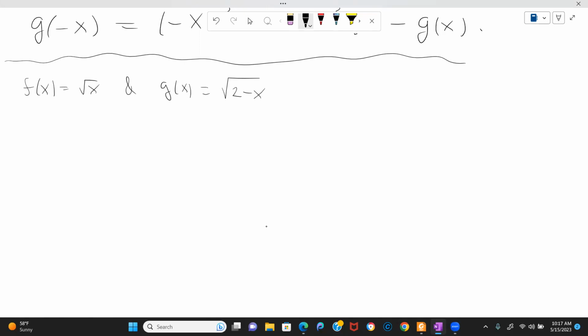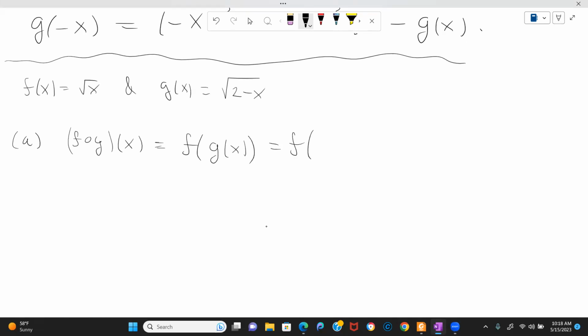All right, so now we want to compute f composed with g, g composed with f, f composed with f, and g composed with g. We'll do the first one, and we want to find the domain of each function. So we want to compute f composed with g at x. By definition this is f of g of x.